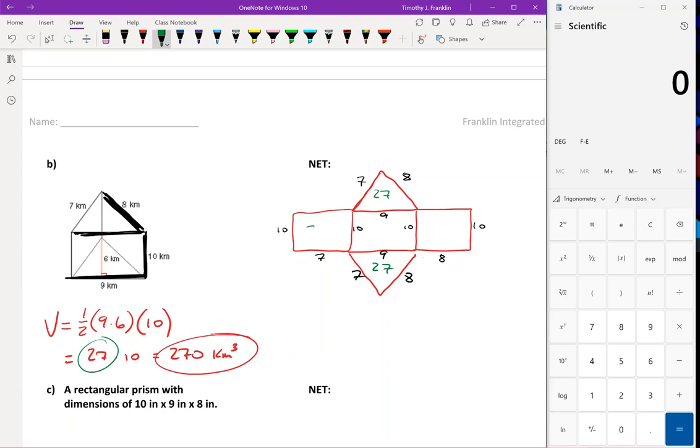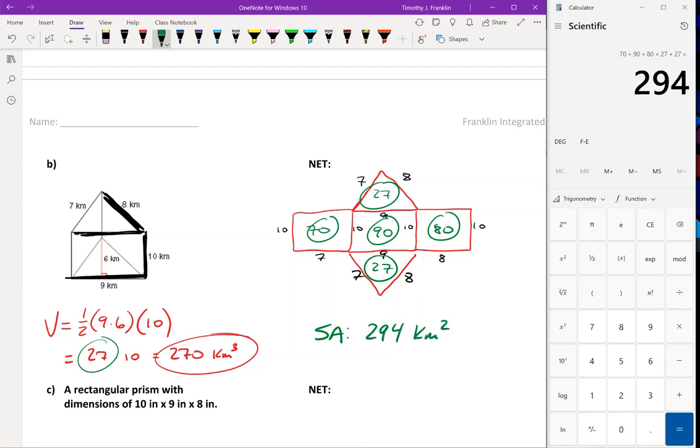And the three rectangles are 70, 90, and 80. So those are our 5 sides to add up. 70 plus 90 plus 80 plus 27 plus 27 gives us 294 kilometers squared.